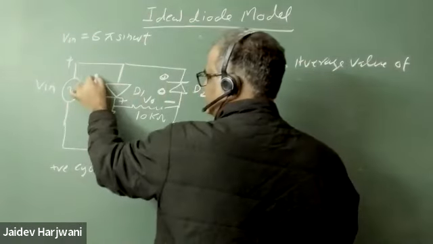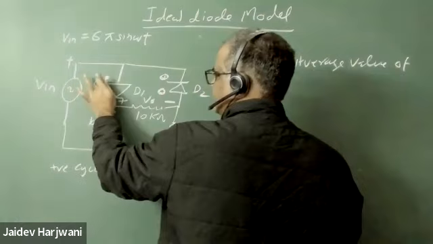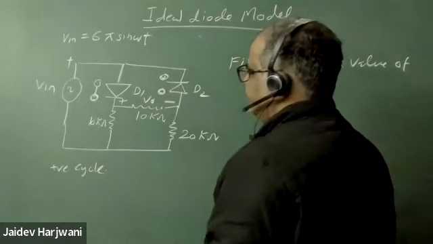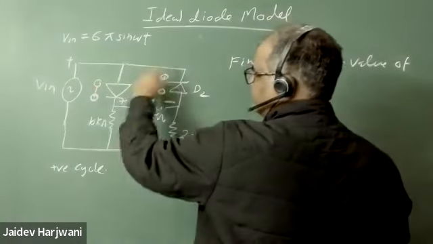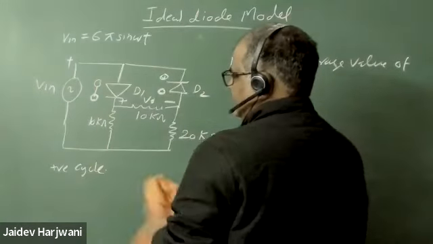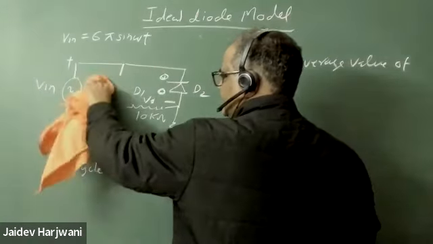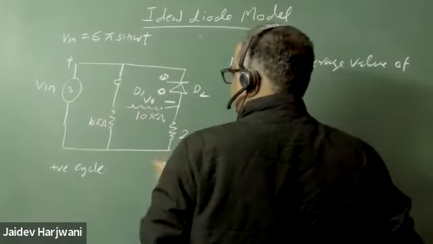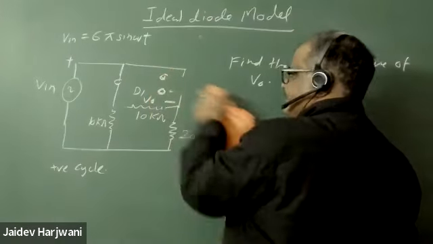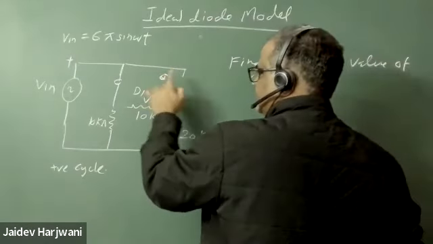Once this is positive, what will happen? No current will flow through this one, so current will come here only. So I'm making this a short circuit, and this is open.